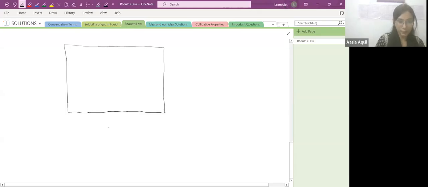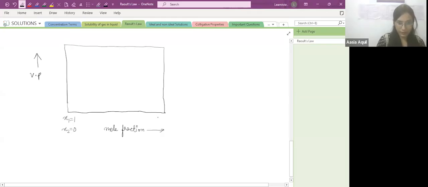So this is basically a mole fraction versus vapor pressure graph. On the x-axis we are taking mole fraction. On the y-axis we are taking vapor pressure. Here at this point x1 equals 1 and x2 equals 0. x1 is your mole fraction of the first component and x2 is your mole fraction of the second component.